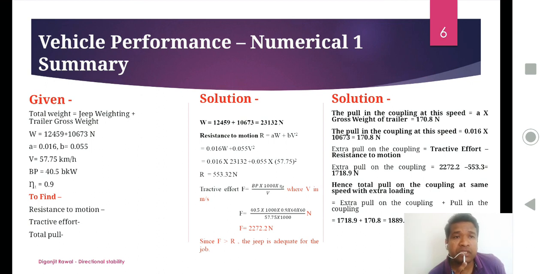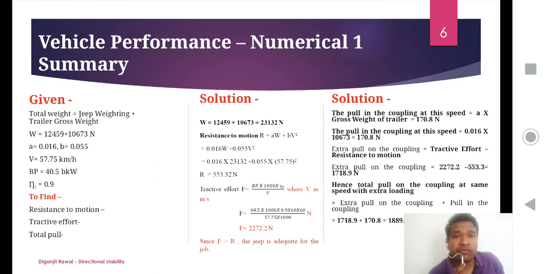We find out this extra pull on the coupling, and that value becomes 1718.9 Newton. Hence the total pull on the coupling at same speed with extra loading becomes 1889 Newton. So this is all about numerical number 1.